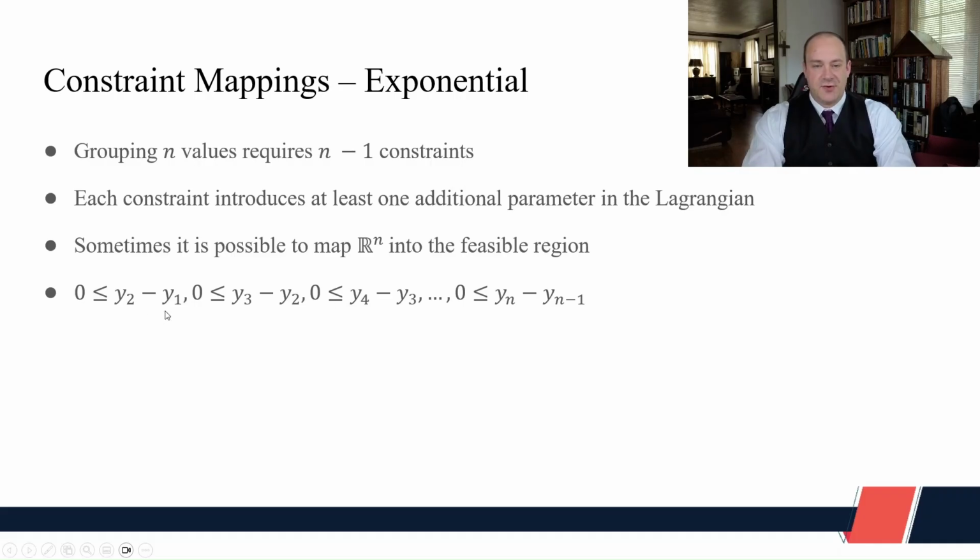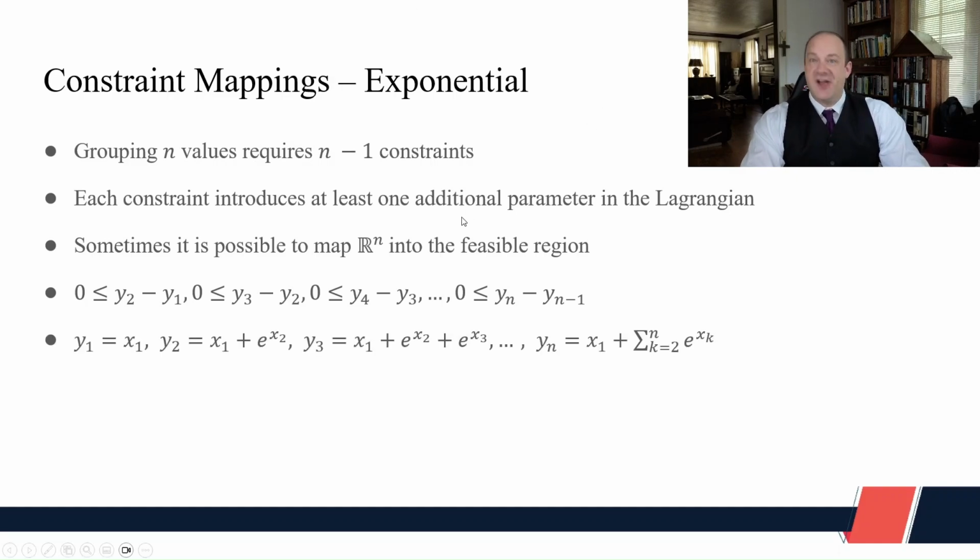When stuff is increasing, that means y2 minus y1 is positive, y3 minus y2 is positive, y4 minus y3 is positive, yn minus yn-1 is positive, or non-negative. And you say to yourself, what functions do I know that make things positive? If you do a lot of modeling using GLMs, you go, I know a function, the exponential function. The exponential function always makes things positive.